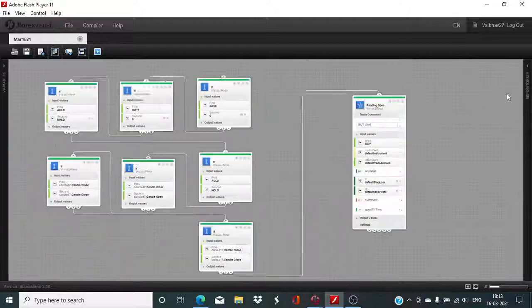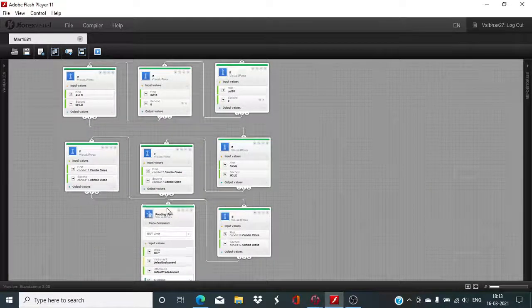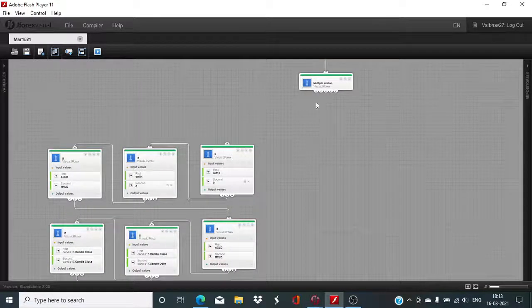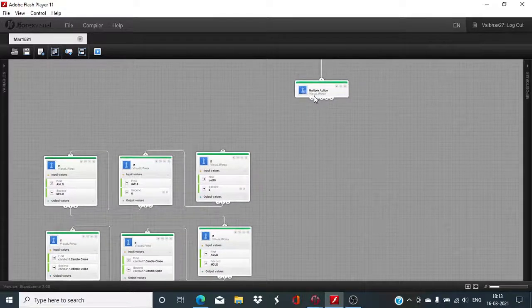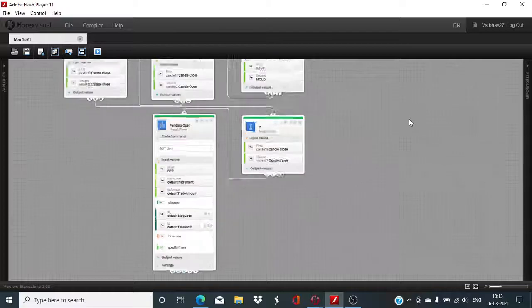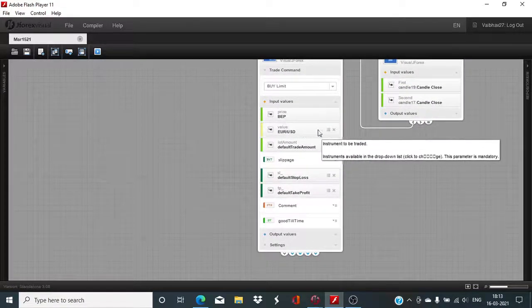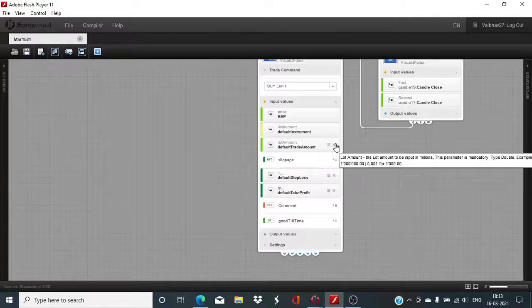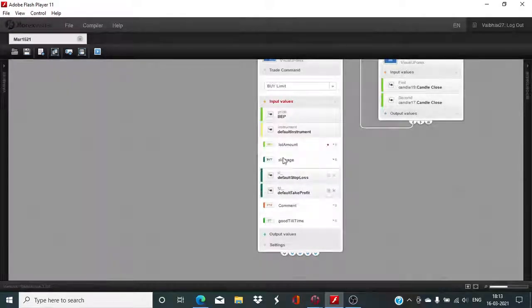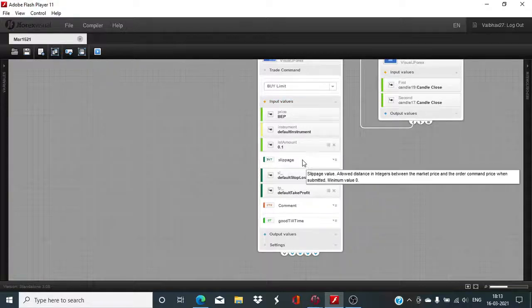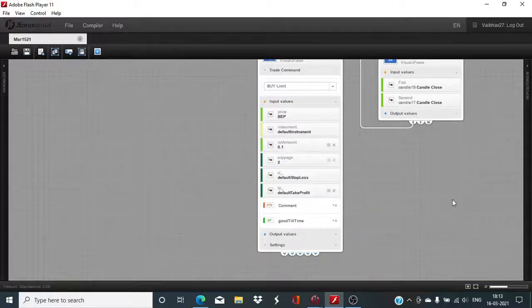Then we also have to define other parameters of this block. So coming to these parameters: default instrument, EUR/USD; trade amount, you have to decide as per the equity of the account. Slippage of 2 pips should be good enough.